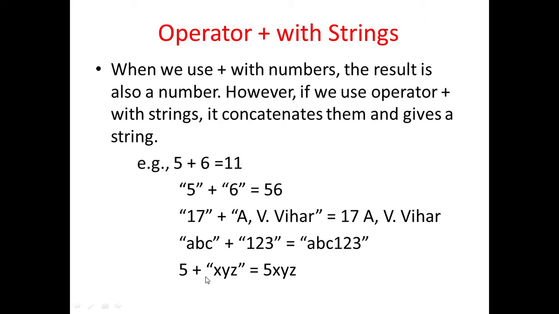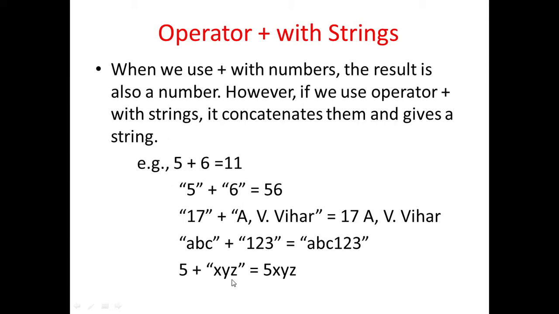So now in this special case, we are trying to attach an integer literal with a string literal. So what will happen? The Java IDE will change this 5 from an integer literal to a string literal. It will place double quotes here automatically.